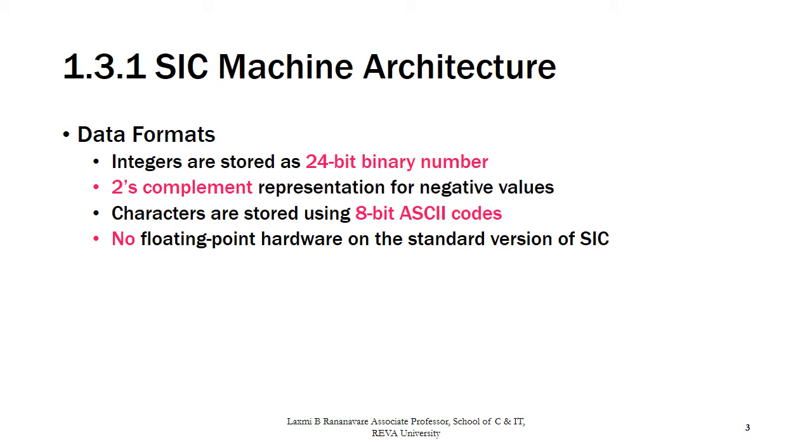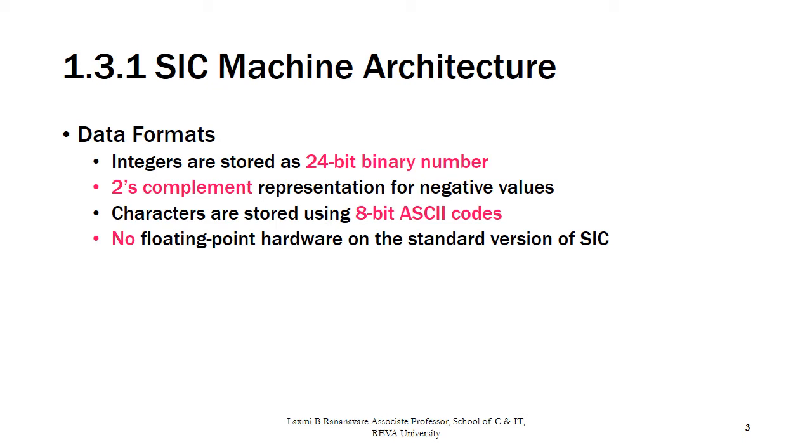So first we have seen the memory, and then we have seen the registers. Now we are going to see the data formats. There are three types of data we are going to have. One is integer. Any integer is stored as a 24-bit binary number, and you can have negative numbers also. Any negative number is represented as the 2's complement of that number.